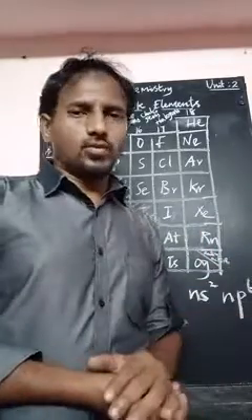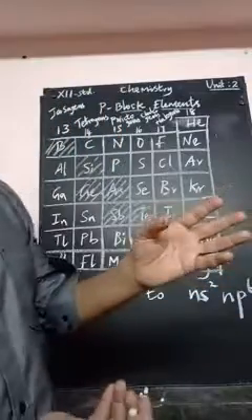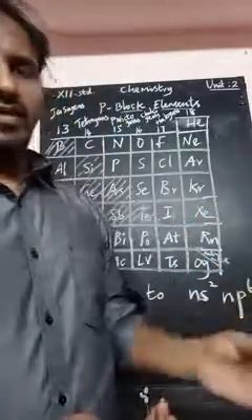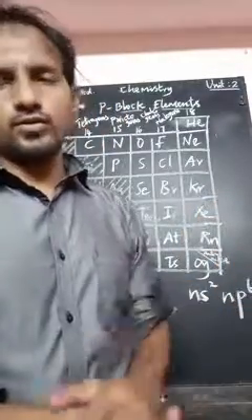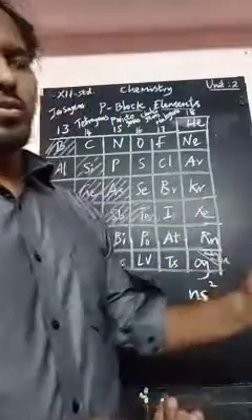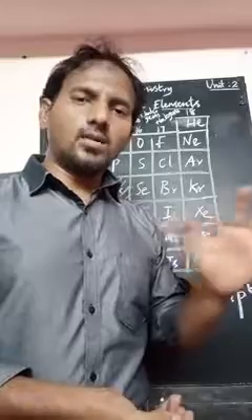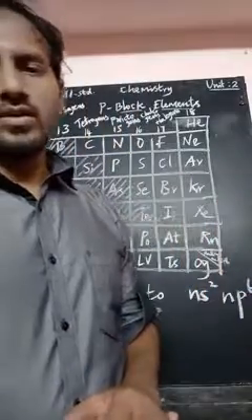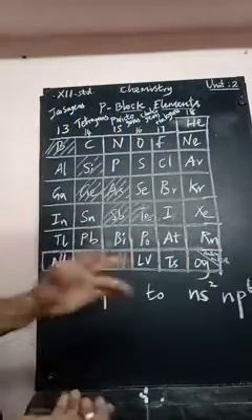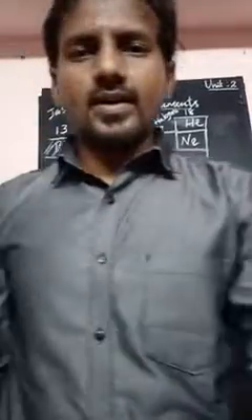Carbon has various allotropes such as diamond, graphite, graphene, fullerene, carbon nanotubes. Even boron has amorphous boron, alpha rhombohedral, beta rhombohedral, gamma orthorhombic, and even sulfur has rhombic sulfur, monoclinic sulfur, etc.